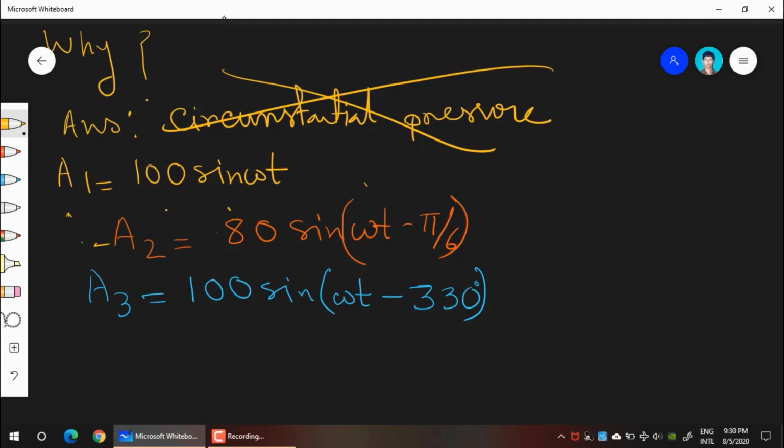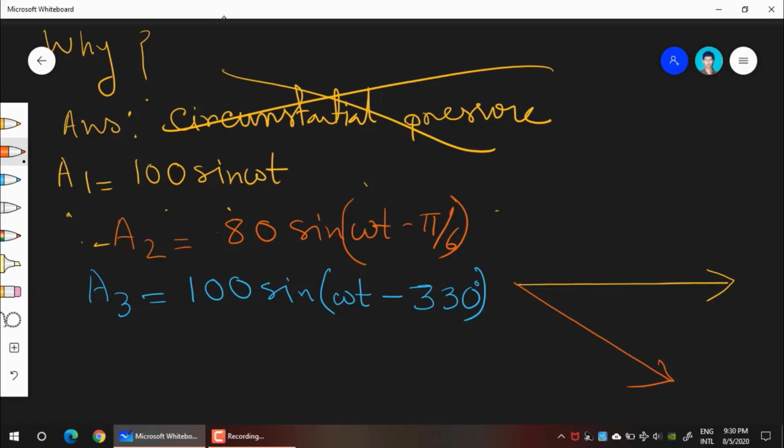So, how to draw that Phasor diagram? It's very simple. Suppose this is my A1, then here this is my A2.